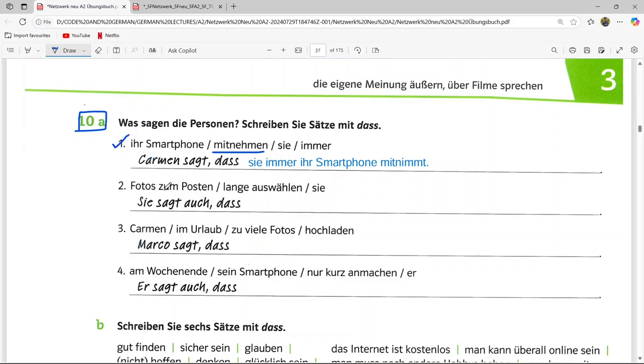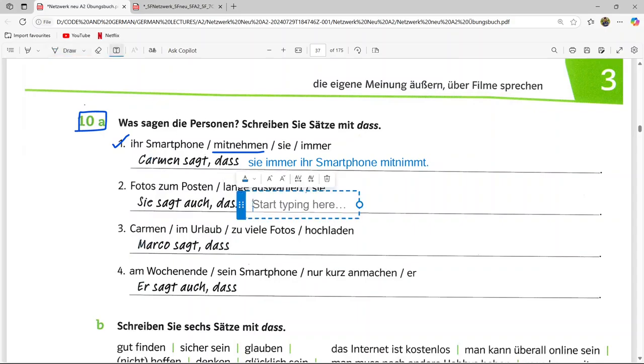Next one, Fotos für Zoom posten, lange auswählen. Auswählen means to choose, a long time to choose. So she also said that she takes a long time to choose photos. So very easy.